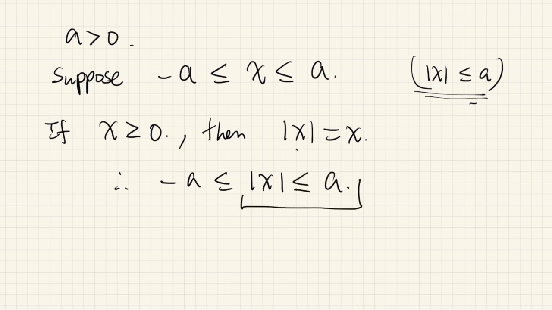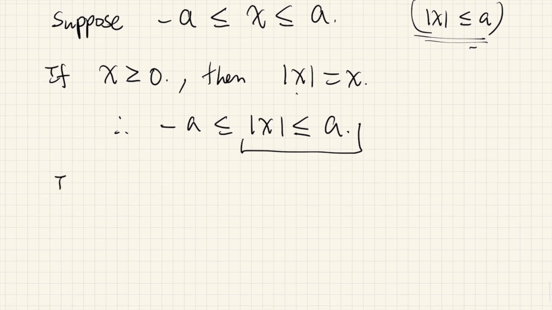So this part is true. Then if x is negative, the absolute value of x is equal to negative x. So we can replace x with negative absolute value of x.